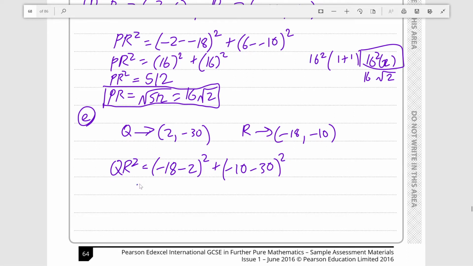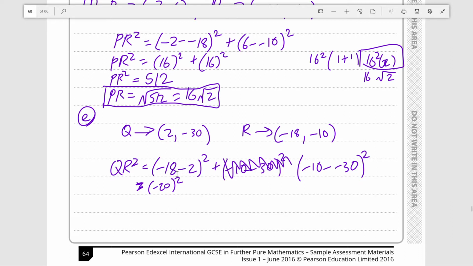And you may find that this is equal to minus 20 squared, or rather this is minus 30 squared. So let me just rewrite this more clearly. So negative 10 minus negative 30. There should be two minus signs there. And the first one has only one minus sign because it is a positive 2 here.